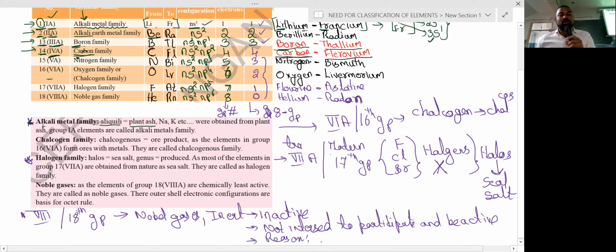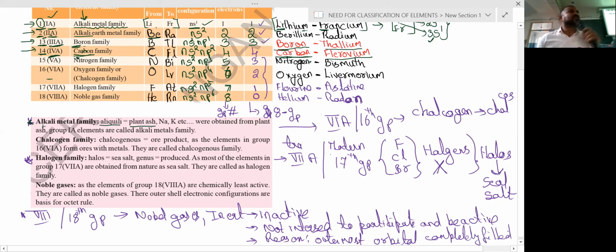Because the outermost orbital is completely filled. As it is completely filled, there is no need for him to participate in any chemical reaction. He is inactive, he is inert. That's why we call them noble gases, zero group elements, and so on. Are you able to understand?